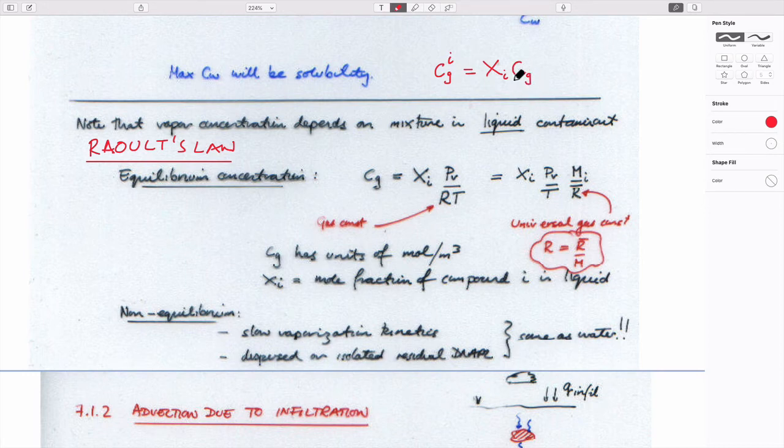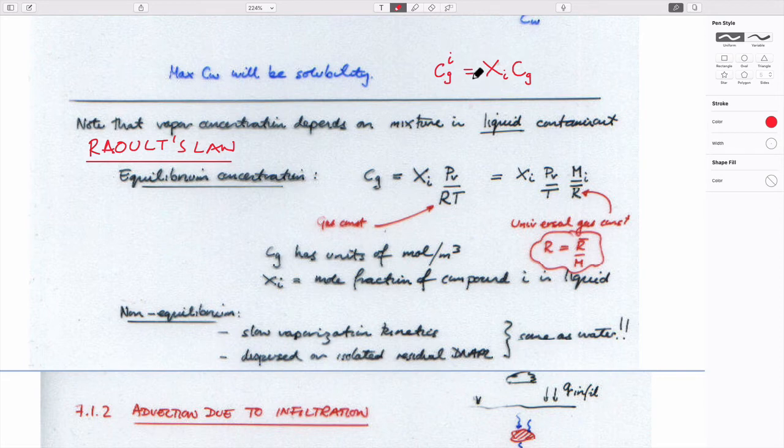So if you know what the equilibrium concentration of gas is when it's 100% methane in air, and if you know what the mole fraction of that component is, then you can calculate exactly what the magnitude would be if it's competing with other gases to get into vapor form.